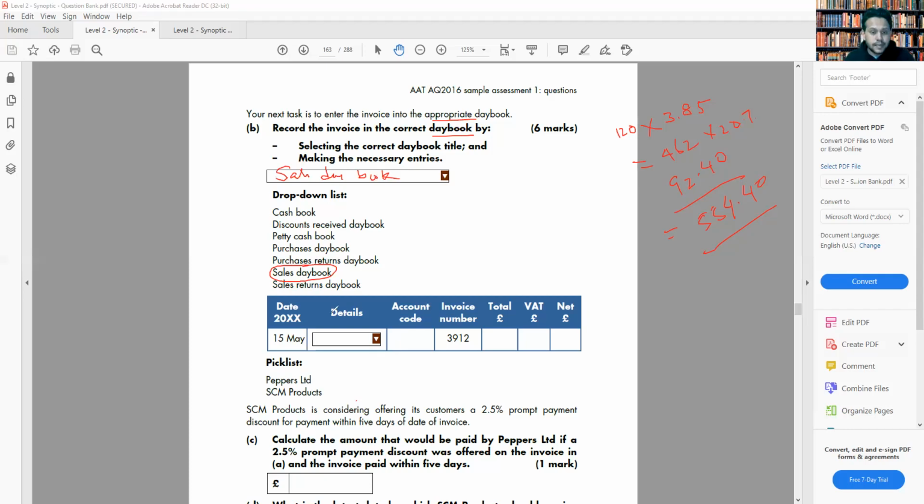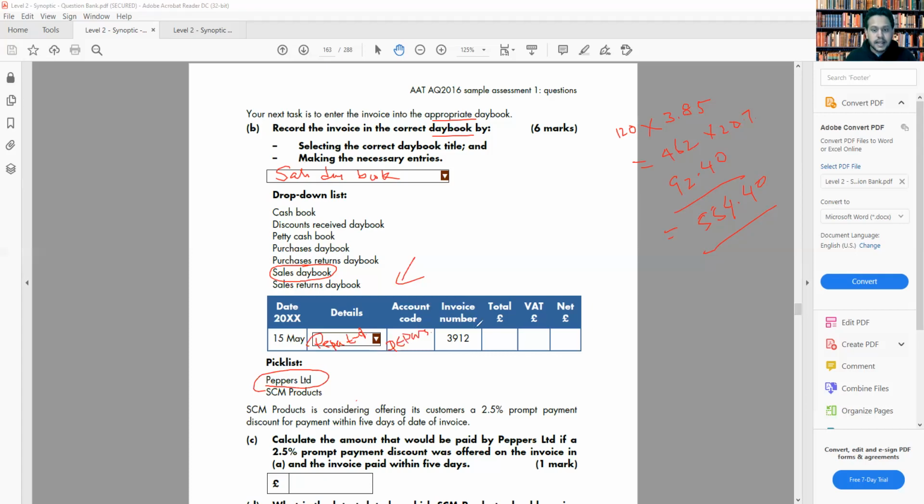And they said to complete this box. This is a sales daybook. Complete the sales daybook. My customer name was Peepers Limited. That's me, SCM. I'm not going to write my name on my book. So I'm going to write Peepers Limited. And the account code, what are we going to write? This is the account code from the question. They already give it to us.